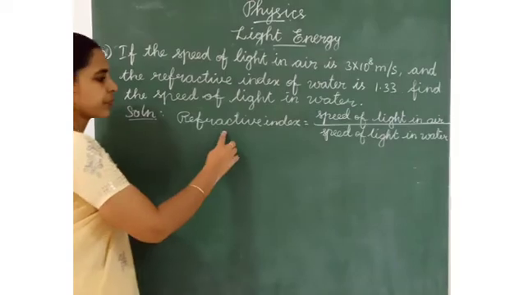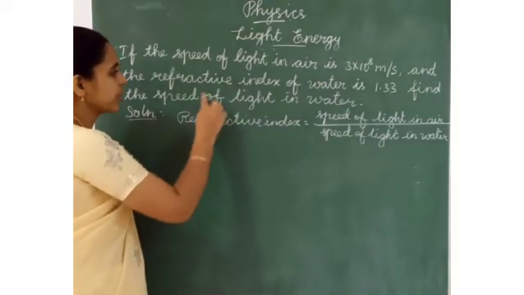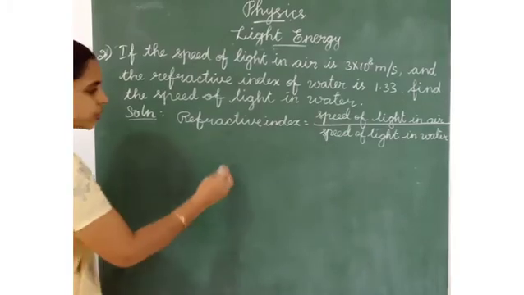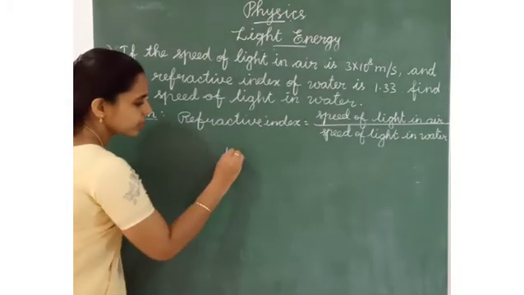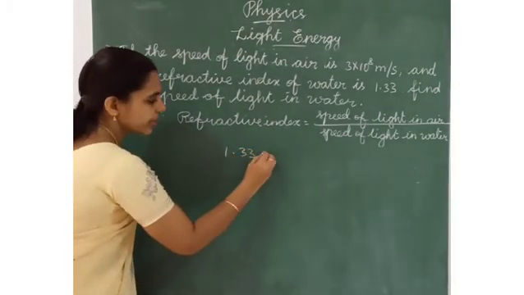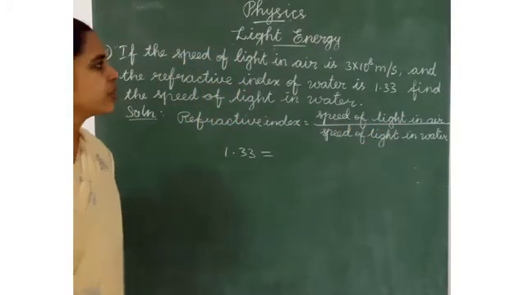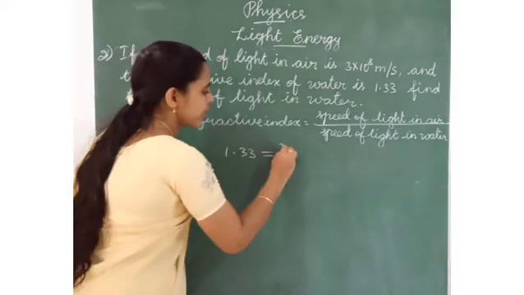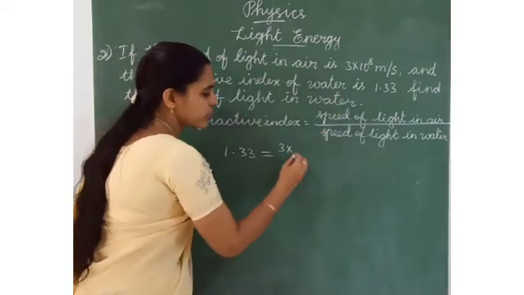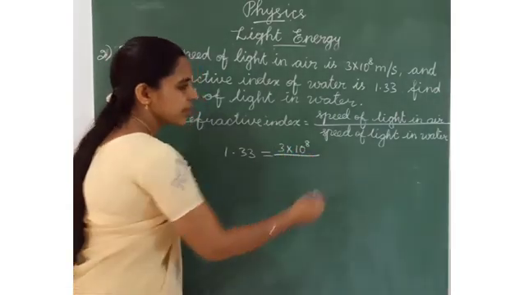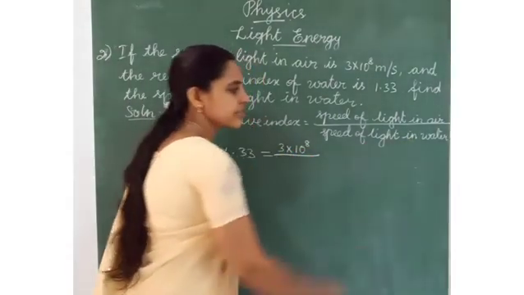Listen here. In the question we are given the refractive index of water is 1.33. So 1.33 is equal to speed of light in air, already we know that, 3 into 10 power 8 meter per second, it will not change, divided by speed of light in water.